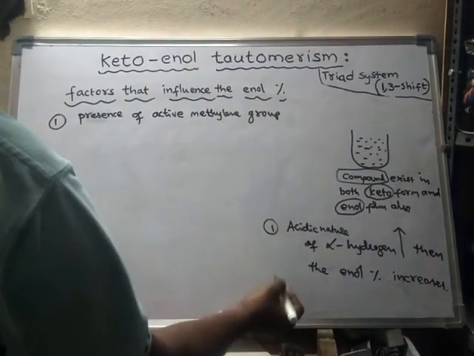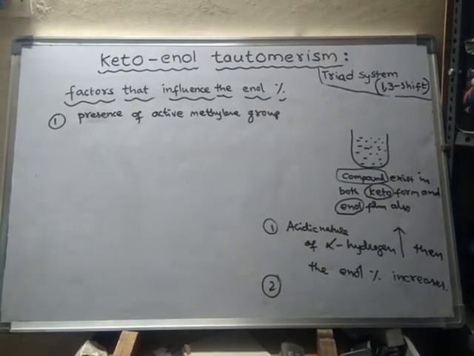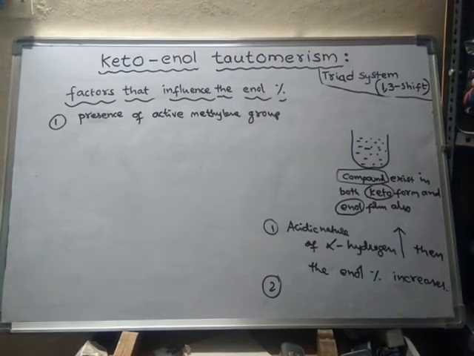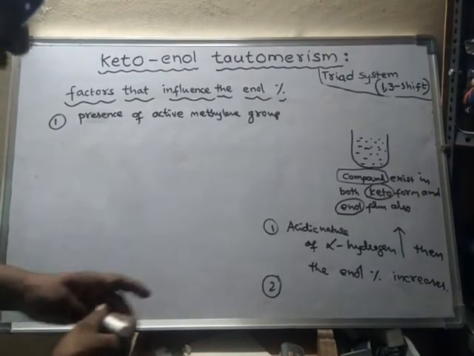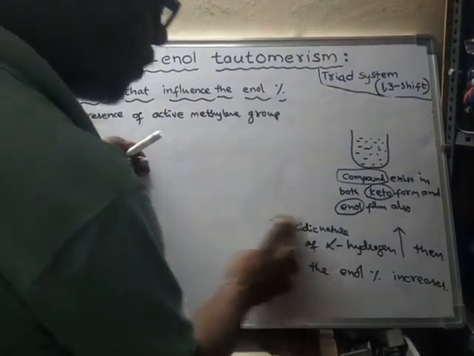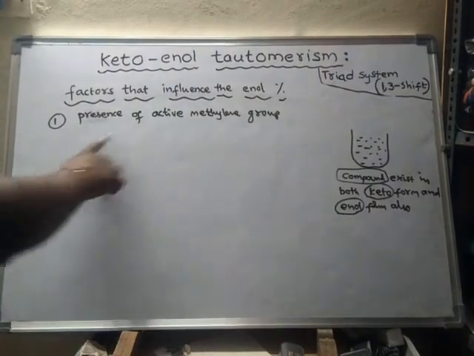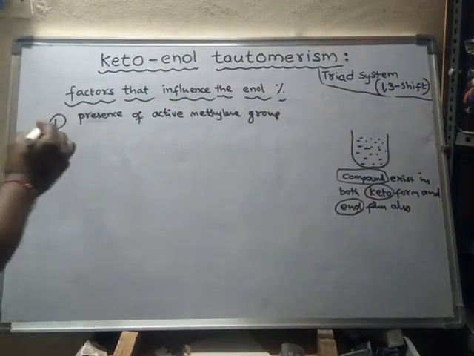So when does the acidic nature of alpha hydrogen increase? We will learn all those things. First let us learn these factors, and I will explain about these things later. So the presence of active methylene group is one of the factors.